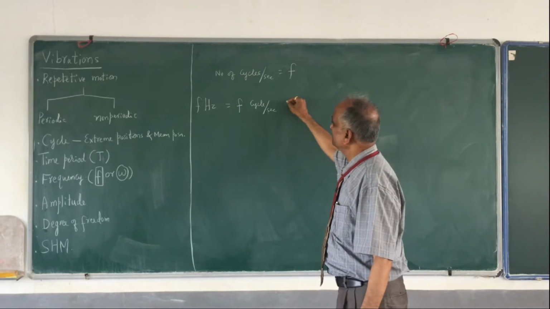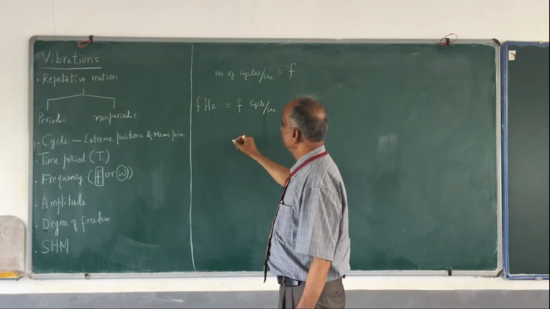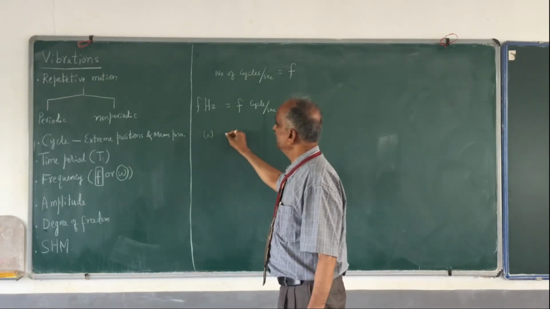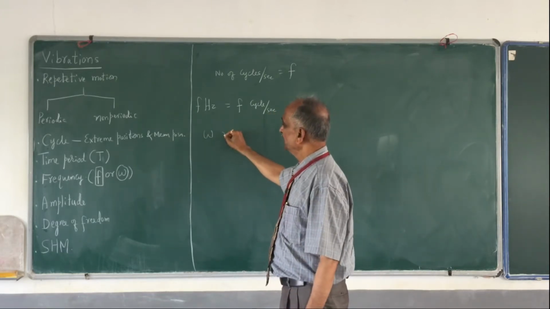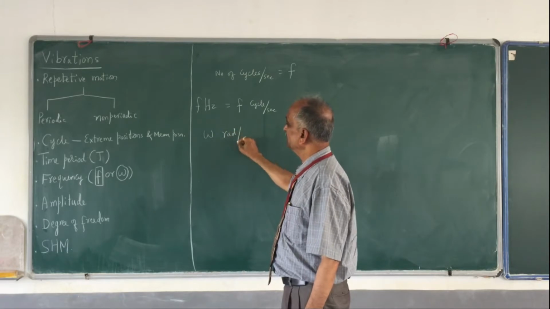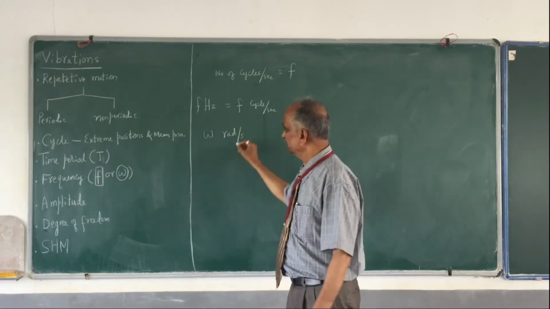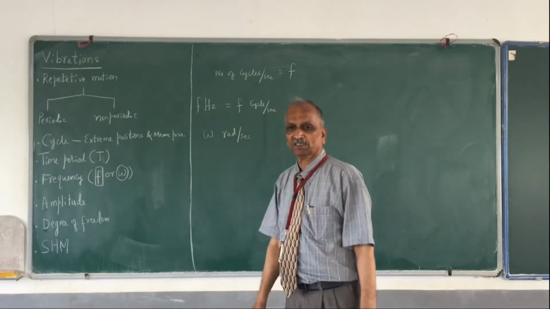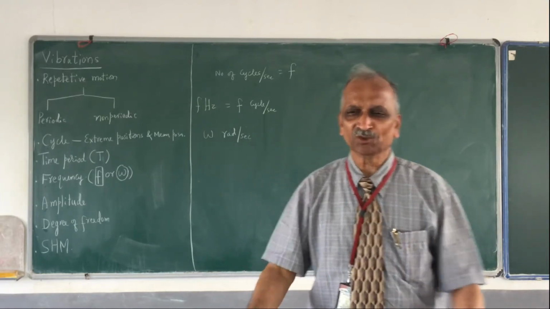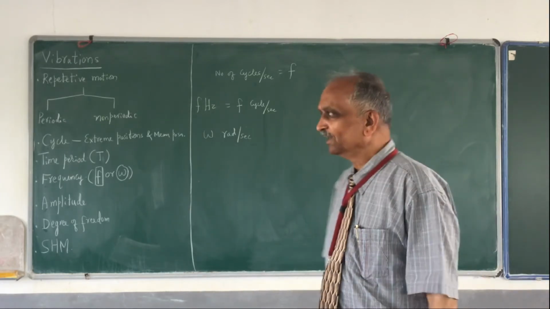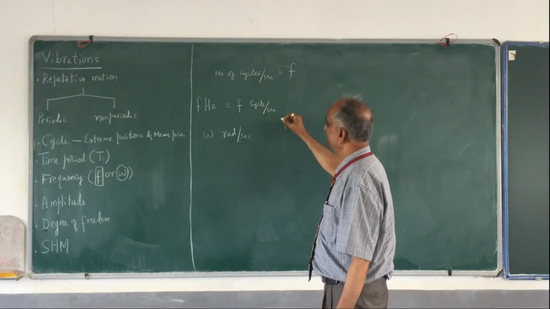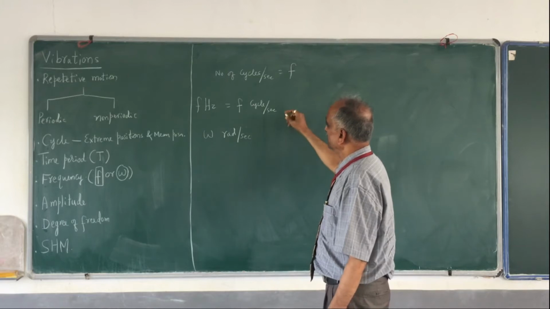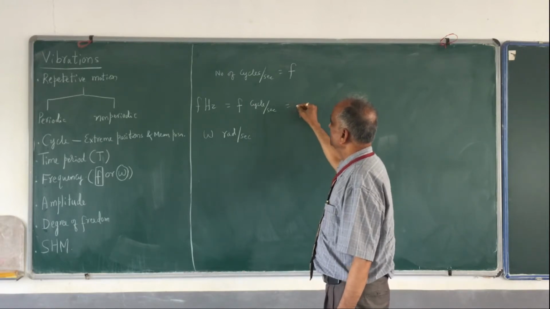Omega is also the notation for frequency whenever you express it in terms of radians per second. If I express the frequency in radians per second, then I use the notation omega. What is the relationship between omega and f? Say f cycles per second, where f is a number.